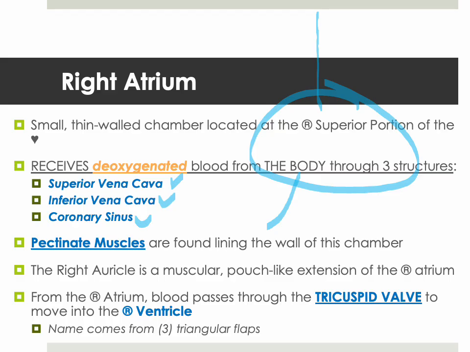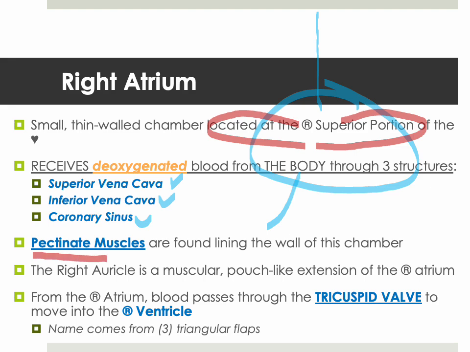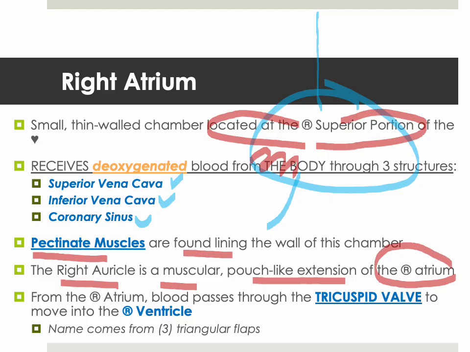This coronary sinus is behind the heart, and it's also going to pull all the deoxygenated blood that is coming from the heart itself, okay? There are some structures called the pectinate muscles, and they're going to be found in the lining of the walls, meaning the interior of the chambers, and they're going to look like this, okay? It's also muscular and patch shaped, okay, and it's called an atrium because it resembles that shape, okay.